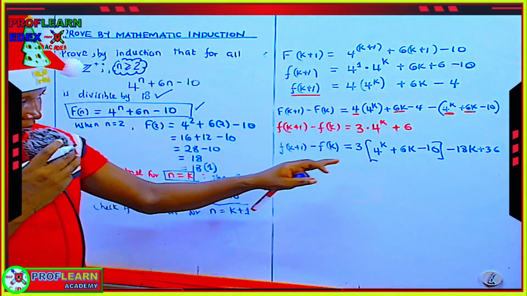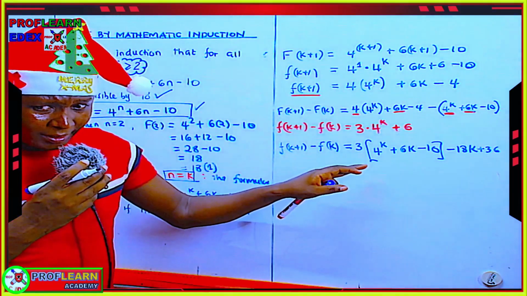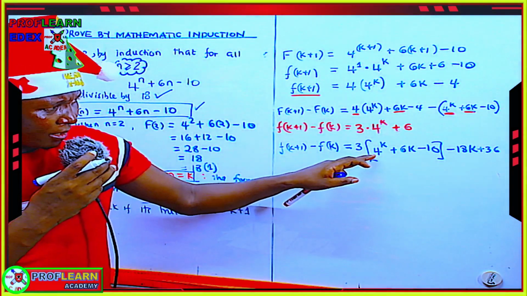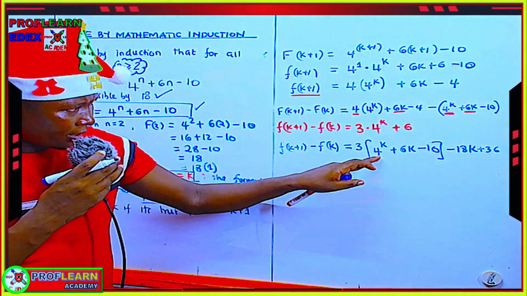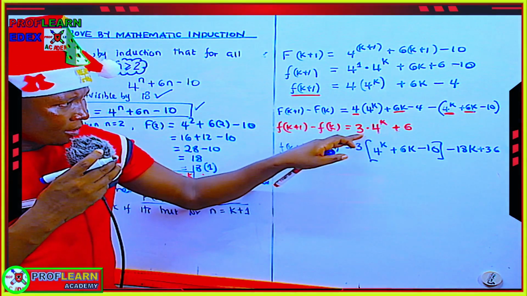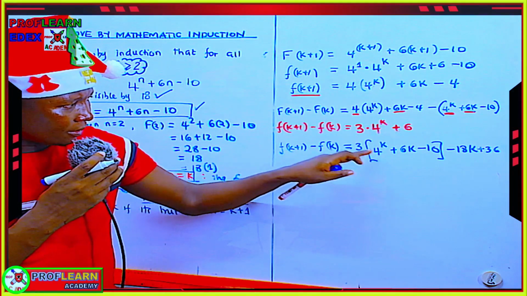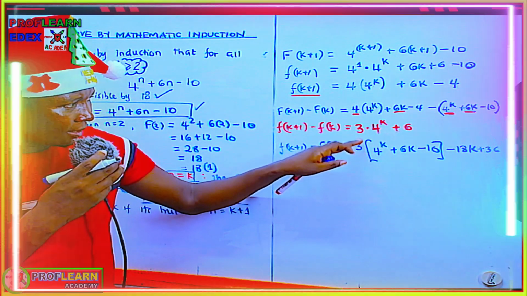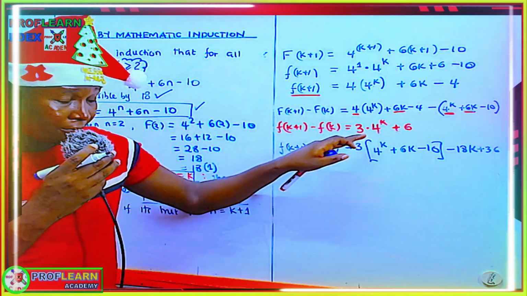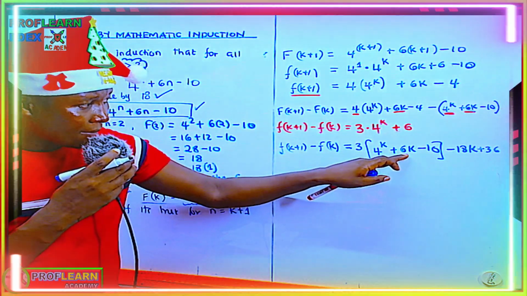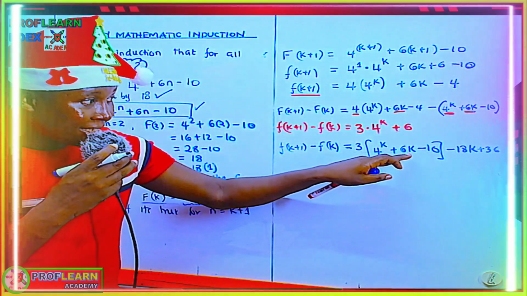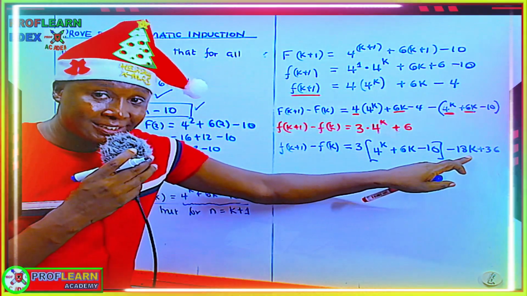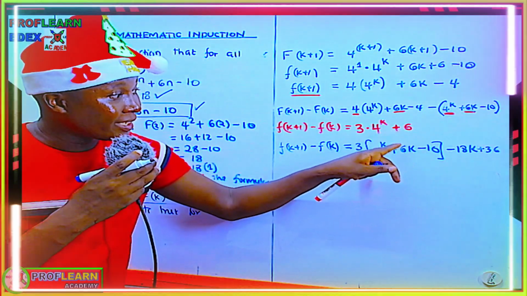So if you look at this expression that I'm having here, if I open this bracket, 3 times 4 raised to power k will become this expression that we have here. 3 times 6k will become 18k, and 18k minus 18k, we are going to get 0.